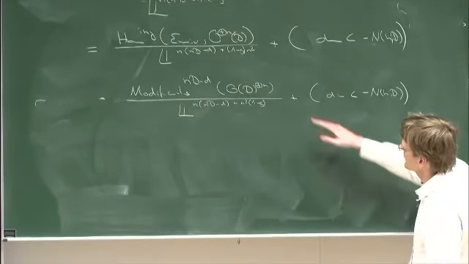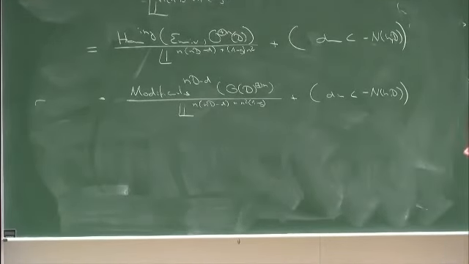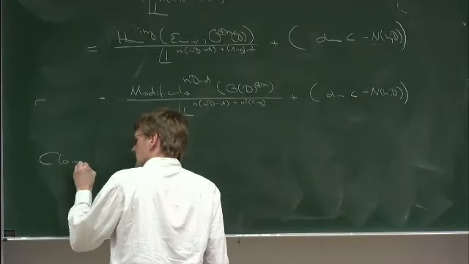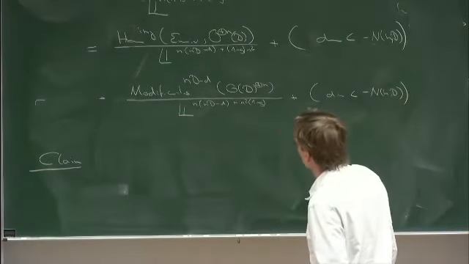So the only thing that you have to compute is this piece. And I just give you the answer. And then you tell me how much you want to know about it.